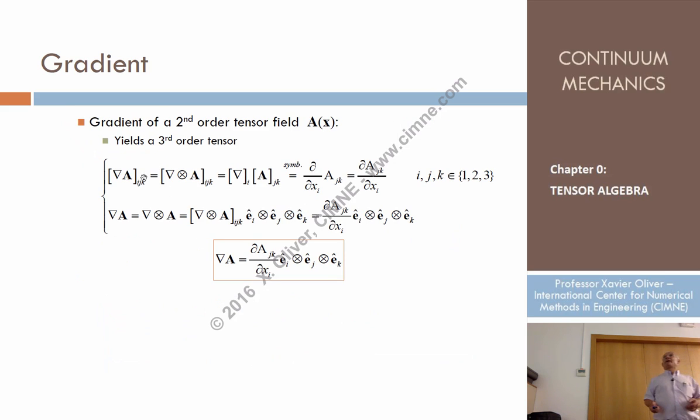And of course, we can also extend that to second order tensors. How would I do the gradient of a second order tensor A, a tensor field? That means that it depends on the space. Well, I generalize the concept. I just do the open product of the nabla times the tensor.